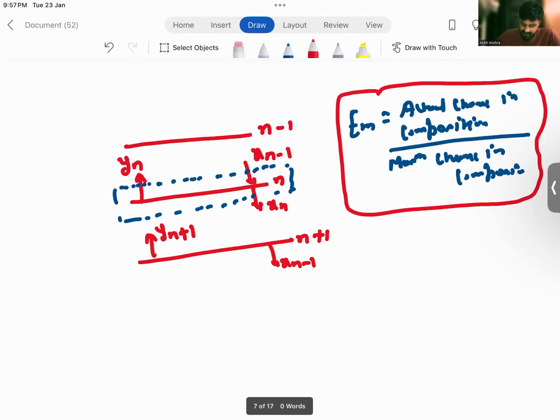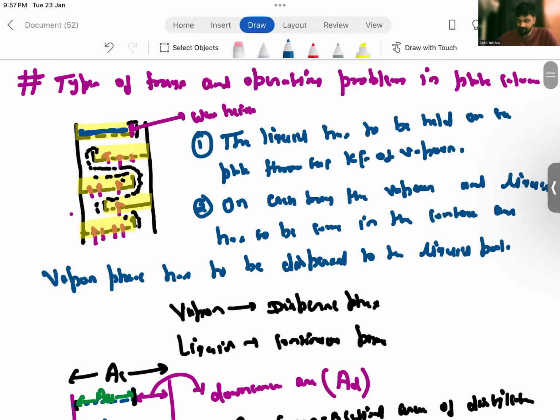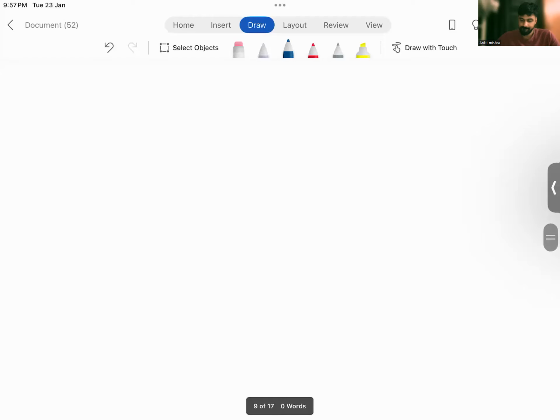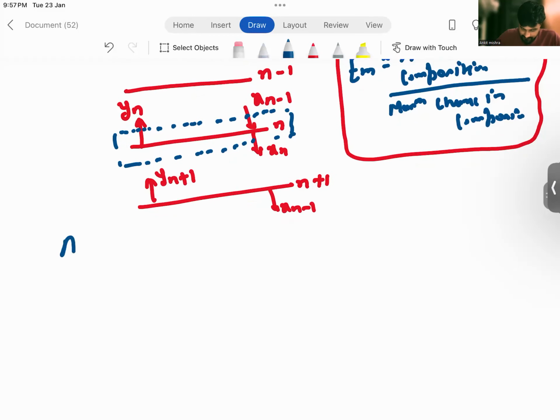If I'm talking about actual change in composition, it's very important to understand over here, what is actual change in composition?